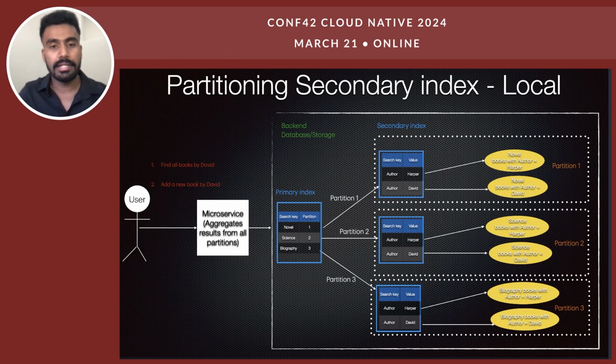Okay. So now what happens here is the user sends that find all books by David request, and it goes to the microservice, and the request goes to the backend storage. You see there is a primary index for fast retrieval of the data. First of all, this is how the data is partitioned.